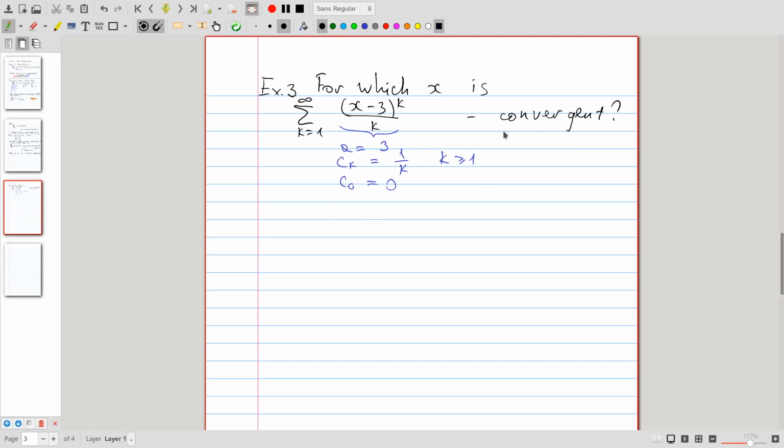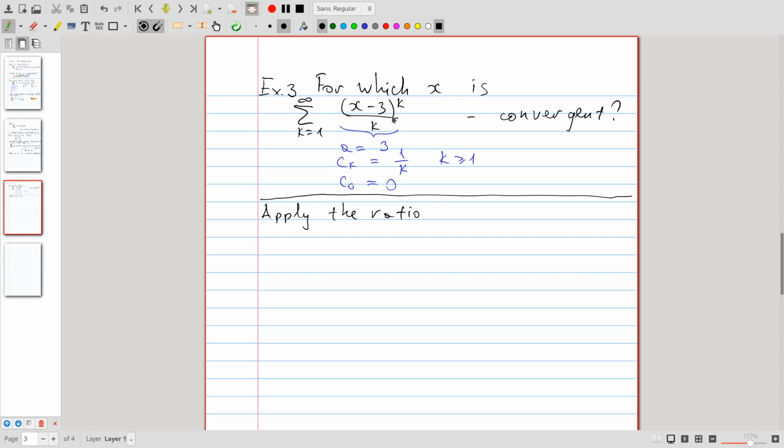So to answer the question of this example, we will go ahead and apply the ratio test. Now, I should note that the ratio test is often the first tool you reach for when you're asked this question.